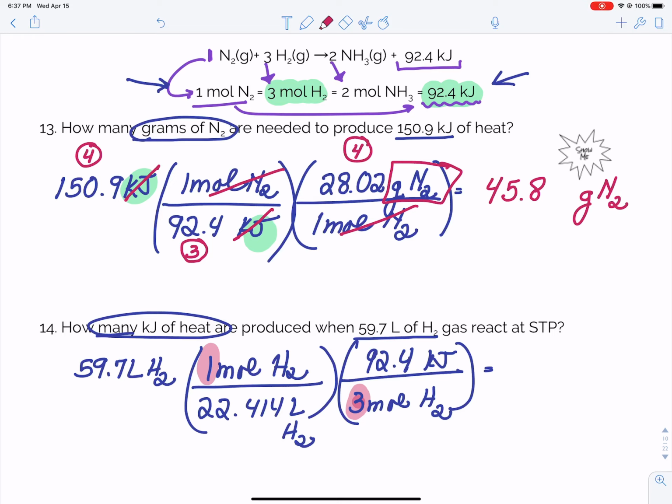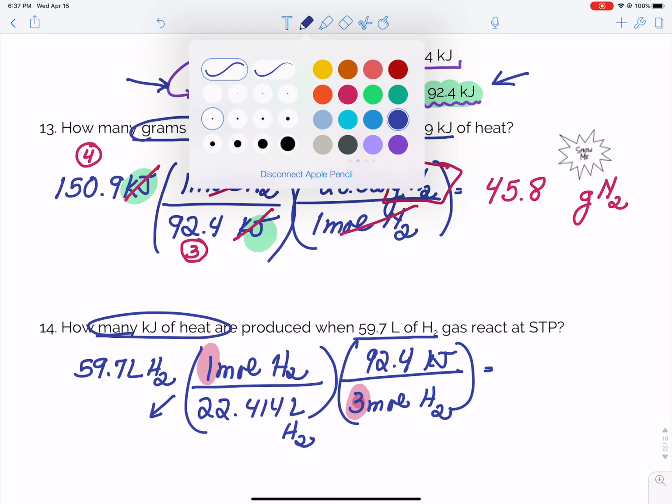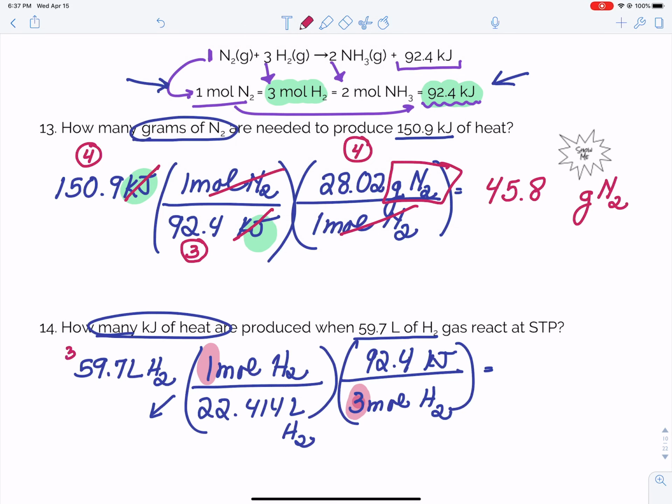Well, the fact that 1 mole is equal to 22.414 liters, that is independent of this balanced chemical equation. That is always true. But in this particular reaction, 3 moles of hydrogen gas will react to produce 92.4 kilojoules.